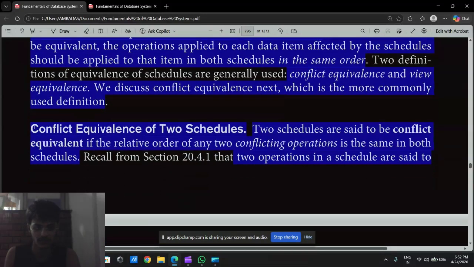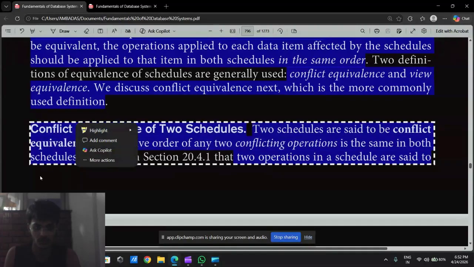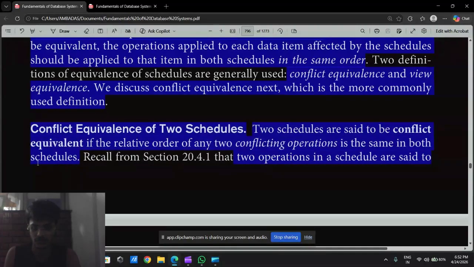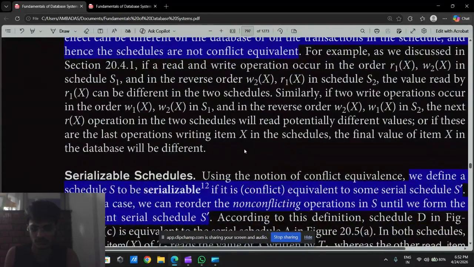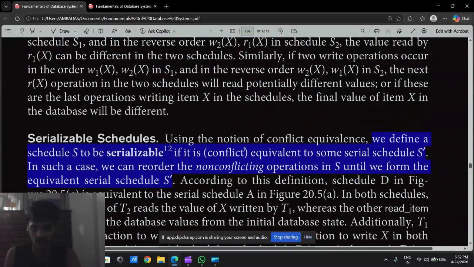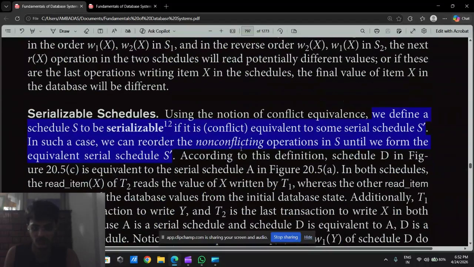See, it's clearly mentioned that the relative order of conflicting operations is the same in both the schedules. So we are just going to focus on the relative order of the operations which are going to conflict.